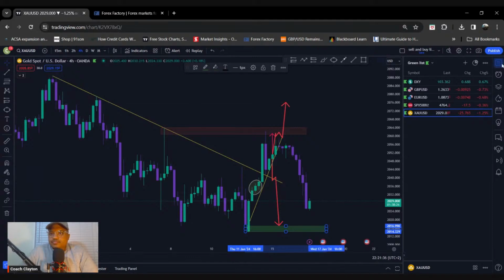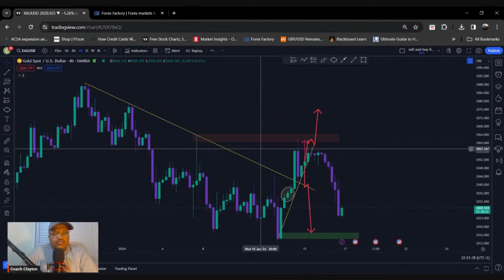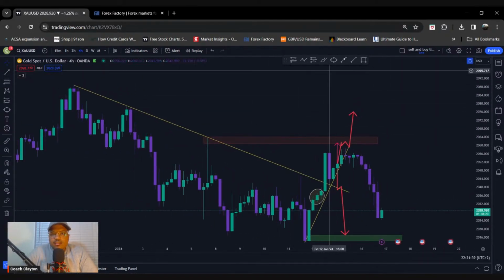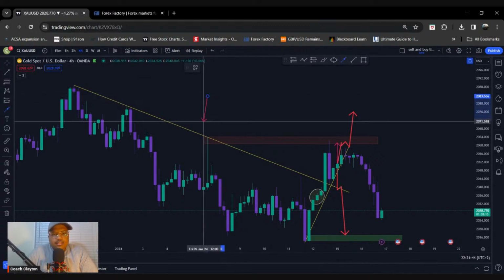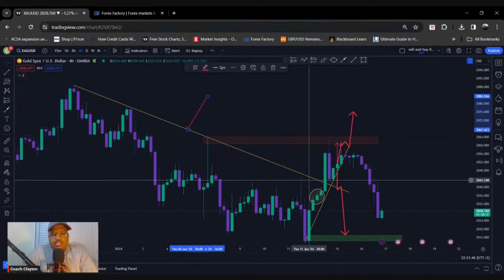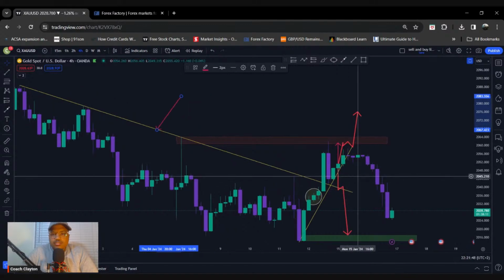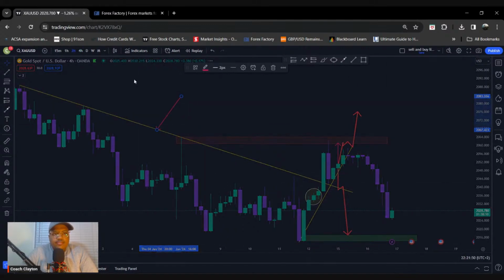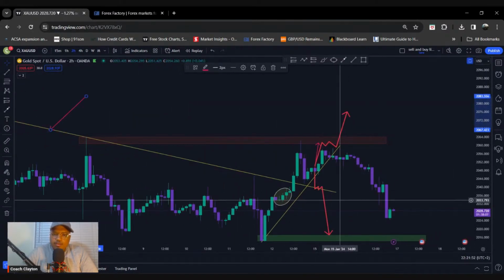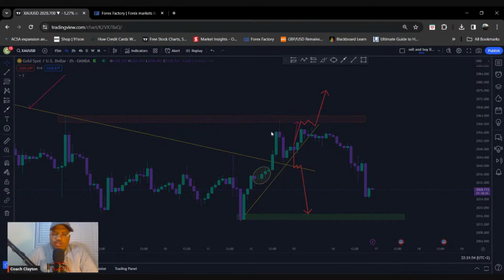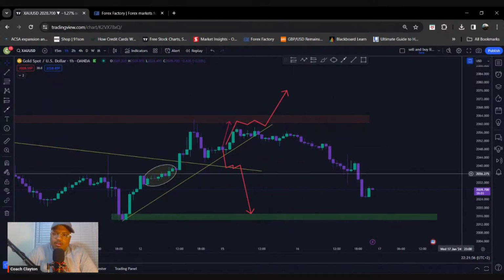First of all, we have seen how price action broke this downtrend on gold, right? And even if you go to a lower time frame, let me just go to 1 hour. Okay, there we go.